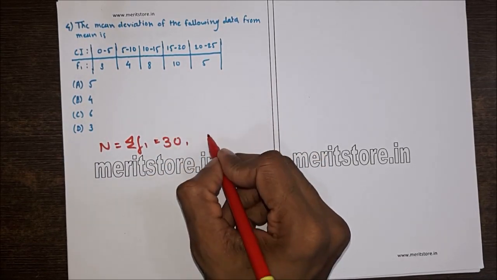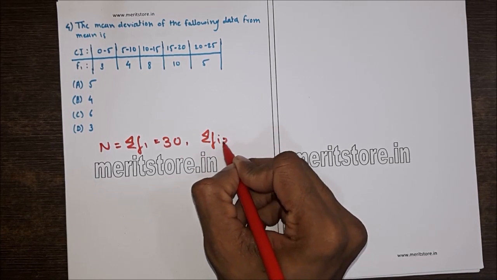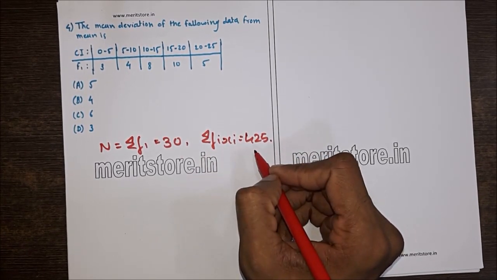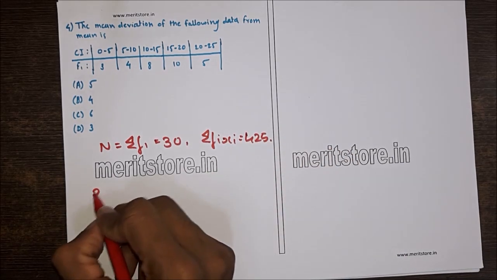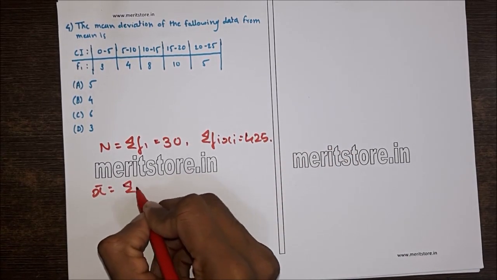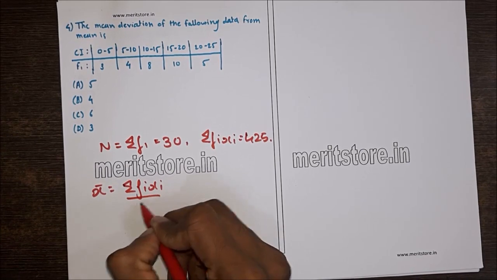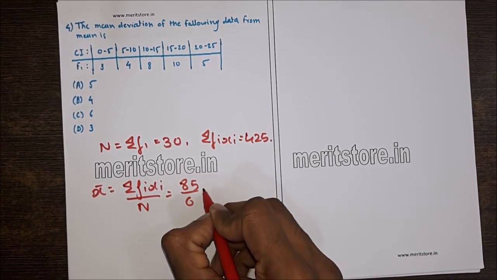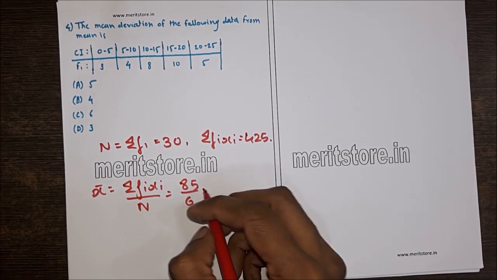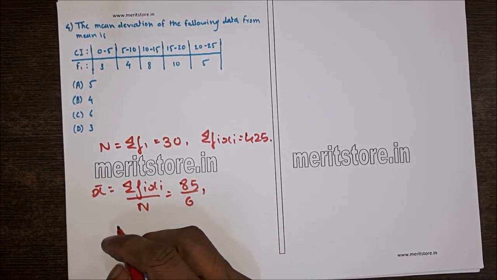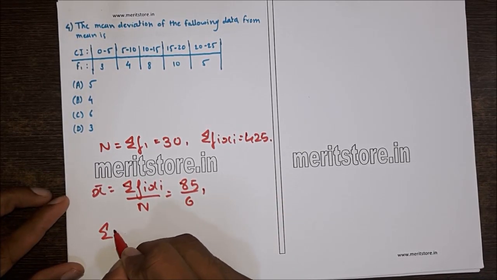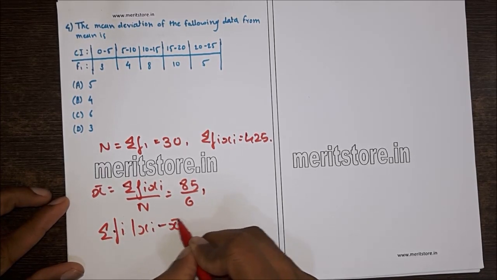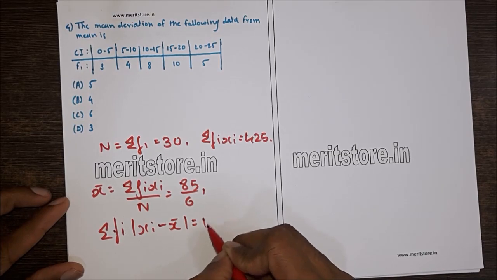So summation of fi xi, which we get as 425. So x bar, that is the mean, equal to summation of fi xi upon n, which is equal to 85 by 6. Solving this, we have summation of fi |xi minus x bar|, which is equal to 150.